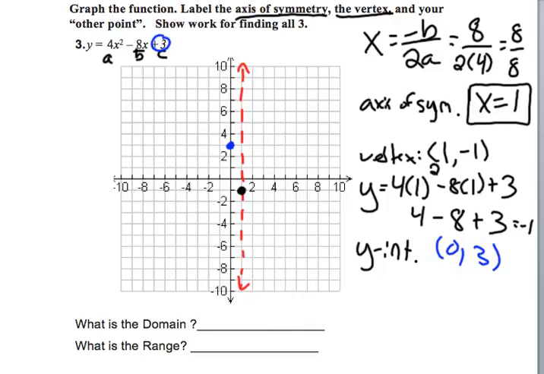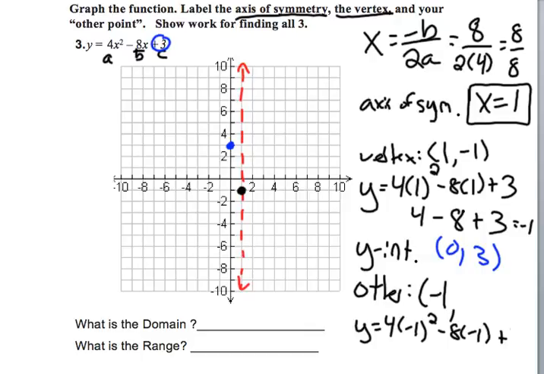So now I'm curious, for my other point, where's my point at when x is -1? Okay, so I'm going to plug in -1 to see.